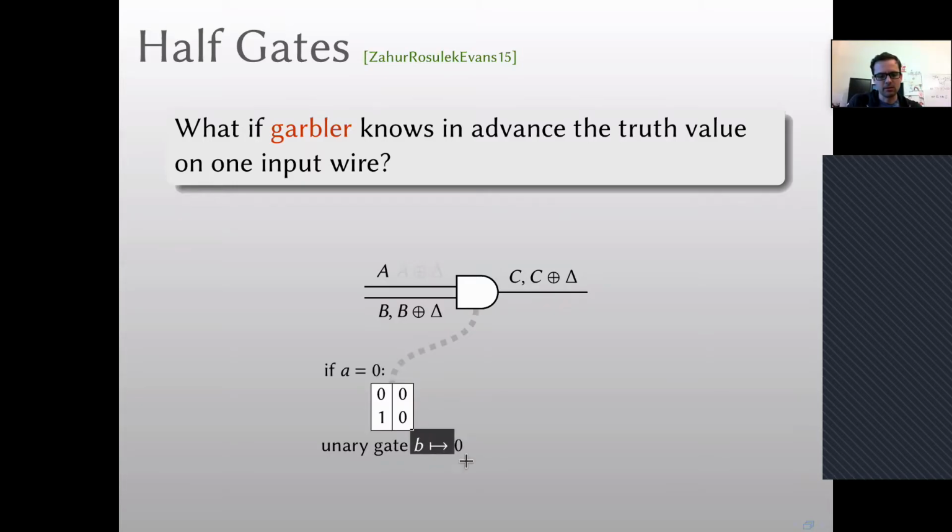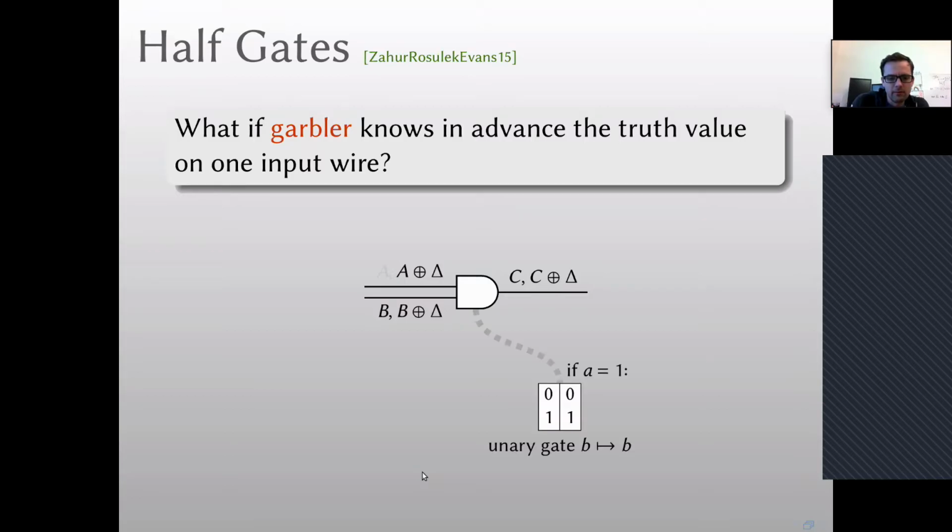It's a constant function. So this is its truth table, right? It always gives output 0. And you could garble it in the usual way. You could say, well, I need to encrypt the value C under the key B, and I need to use B XOR delta to encrypt the value C. So that looks like this. Okay, that's how you would garble in that case.